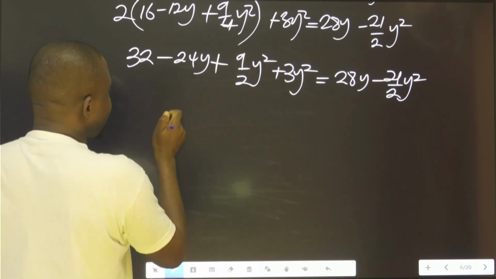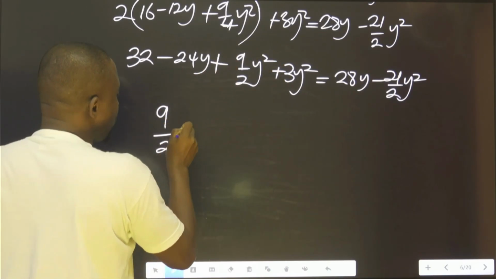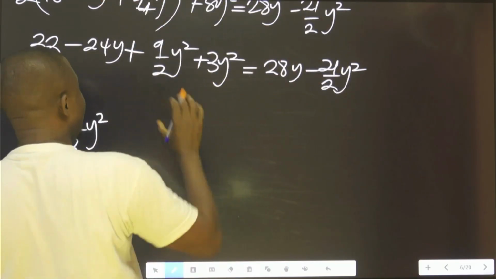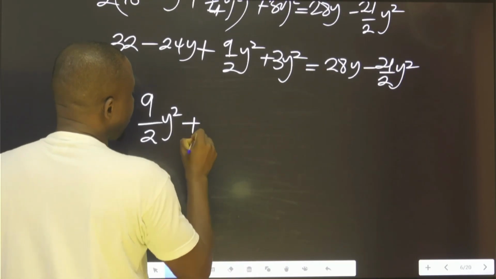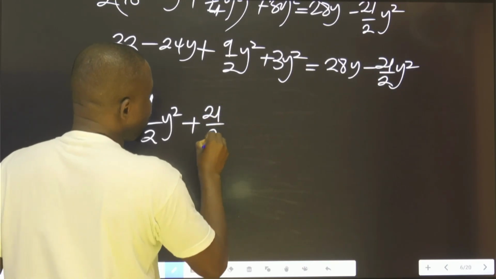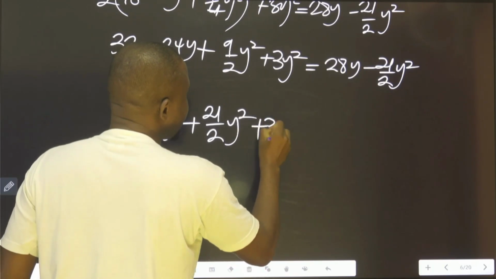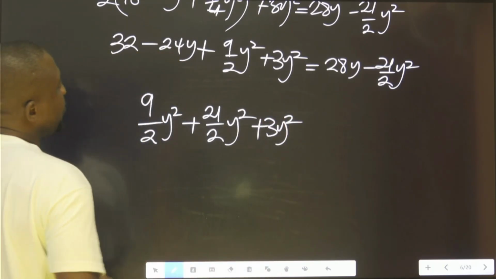We're going to write this first, 9 over 2y squared. Then I'm going to move this to the right hand side to have plus 21 over 2y squared. Then I retain these two plus 3y squared. Okay?